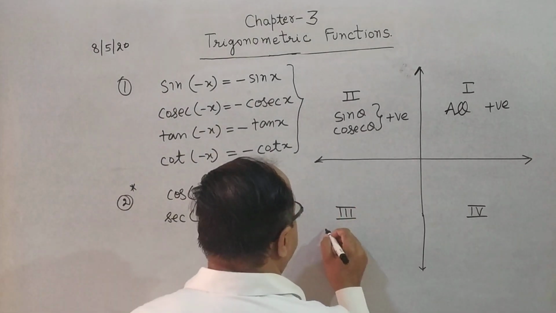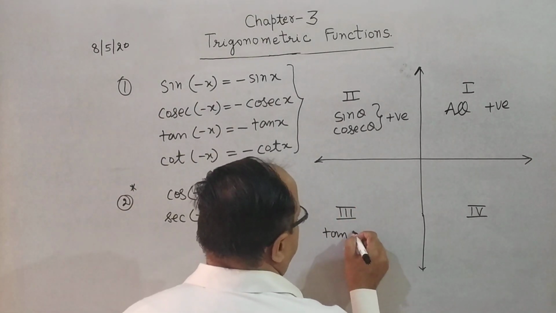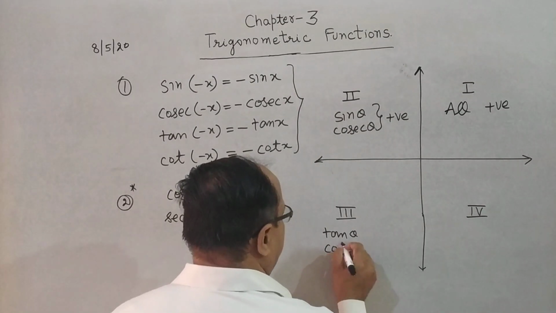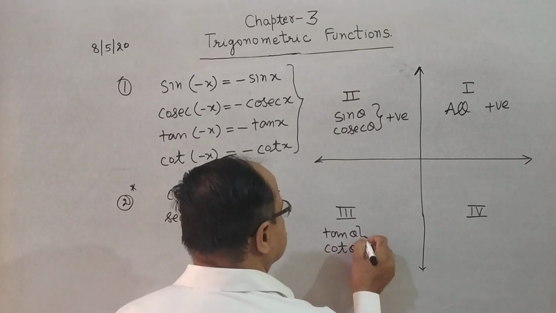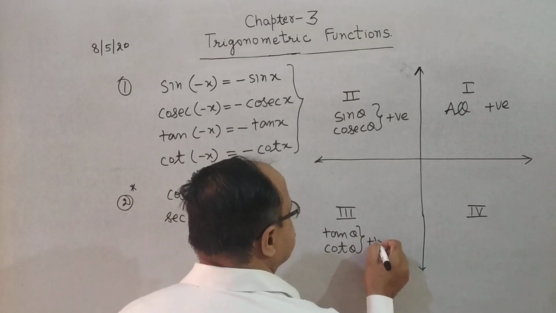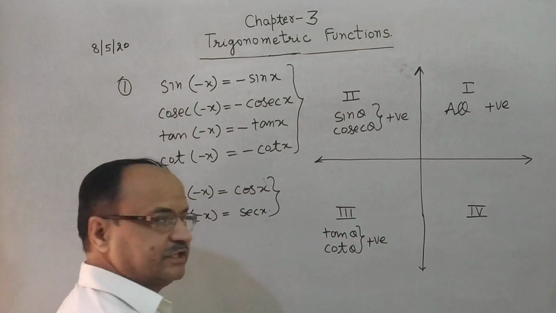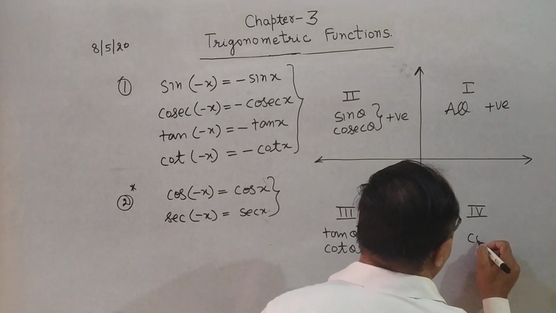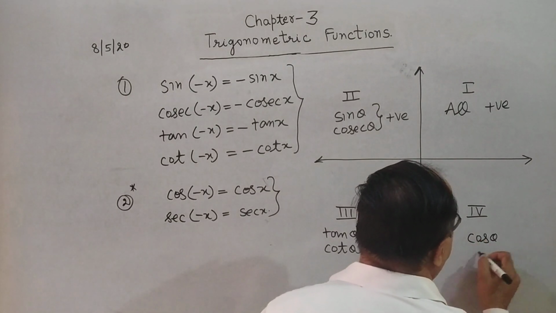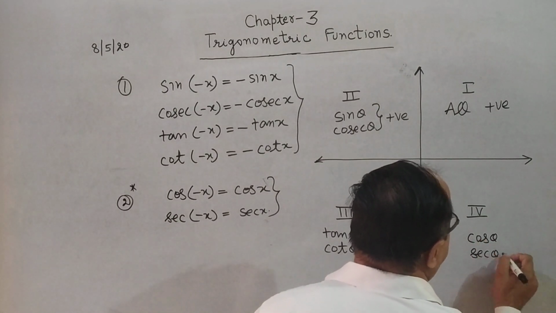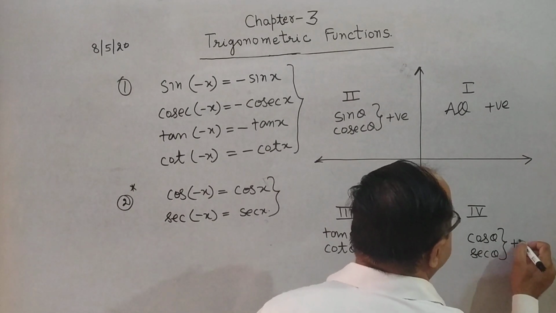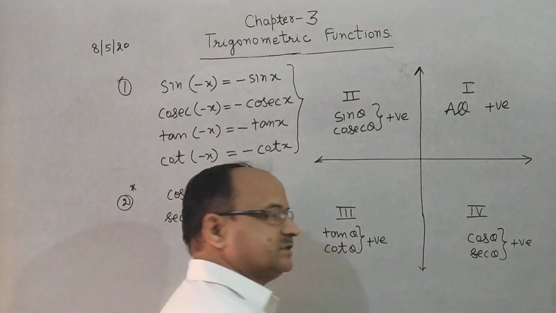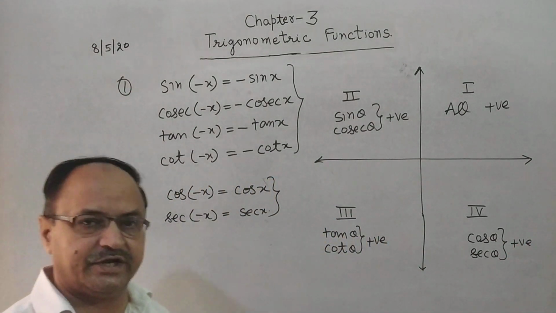And in this quadrant, tan theta and cot theta positive, other t ratios negative. And in this quadrant, cos theta and sec theta positive, other t ratios are negative. Clear?